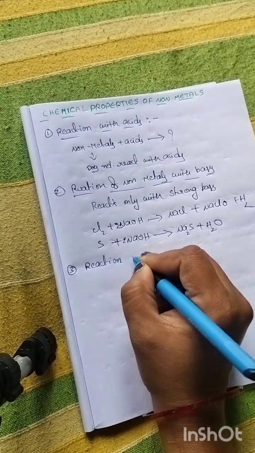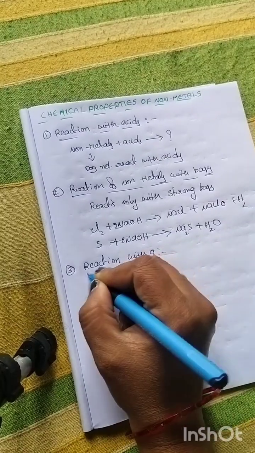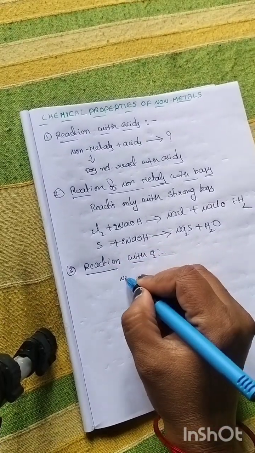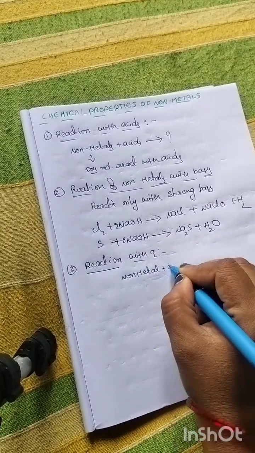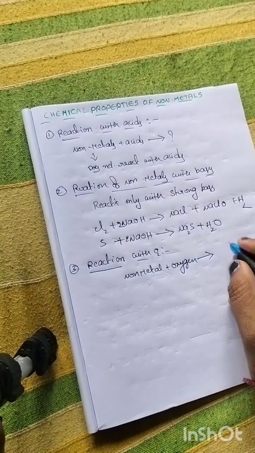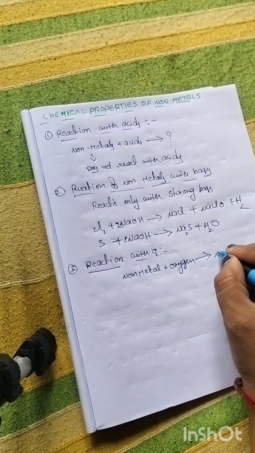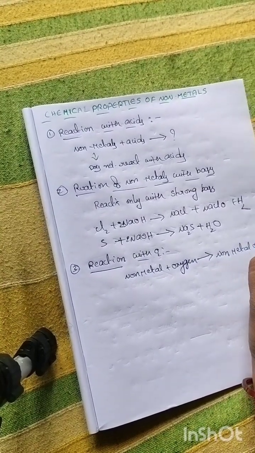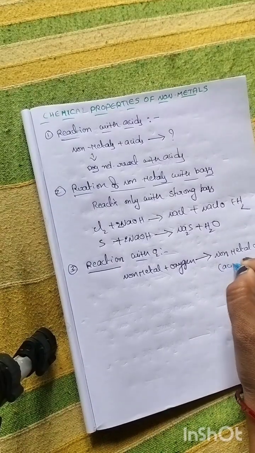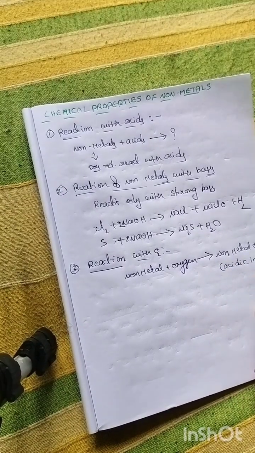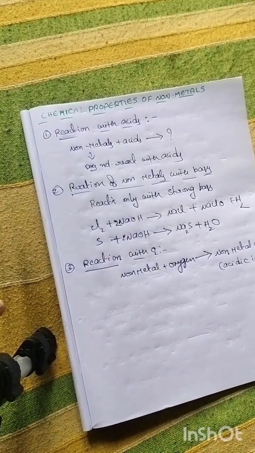Next, the third chemical property, reaction of nonmetals with oxygen. When nonmetals react with oxygen, they form nonmetal oxides, which are acidic in nature.